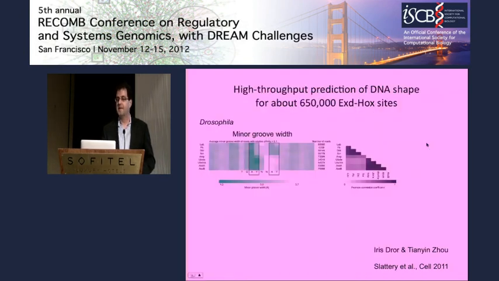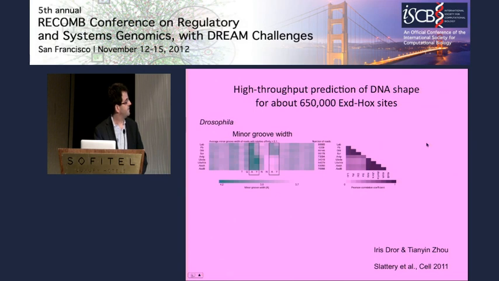Using this, we found, based on the CELEC-seq data, by predicting about 650,000 sequences, and here are the 8 Hox proteins from anterior to posterior, and this heat map encodes minor groove width. Dark green is narrow minor groove, and white is wide minor groove.